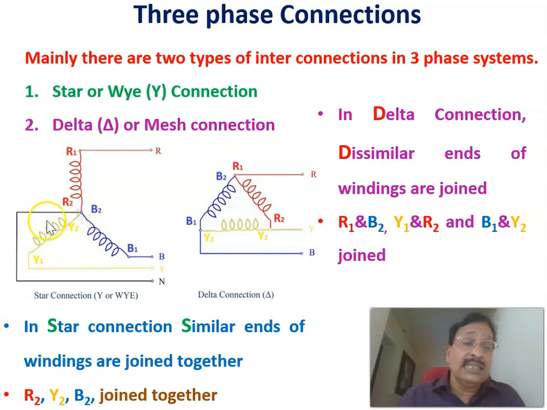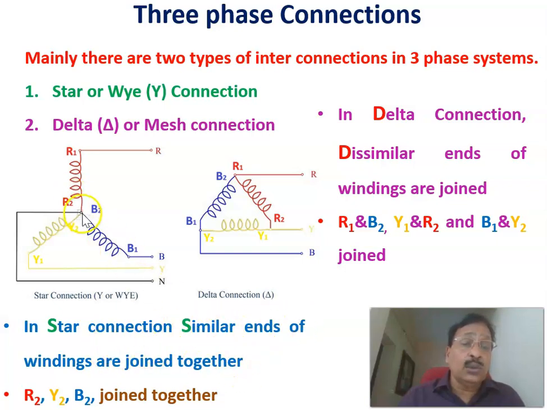These are connected in a star, and star in the sense, just to remember, the similar ends are joined here. That is the starting and finishing of the R phase, the starting and finishing of the B phase, the starting and finishing of the Y phase. Similar ends are joined together. In a star connection, similar ends of the windings are joined together.